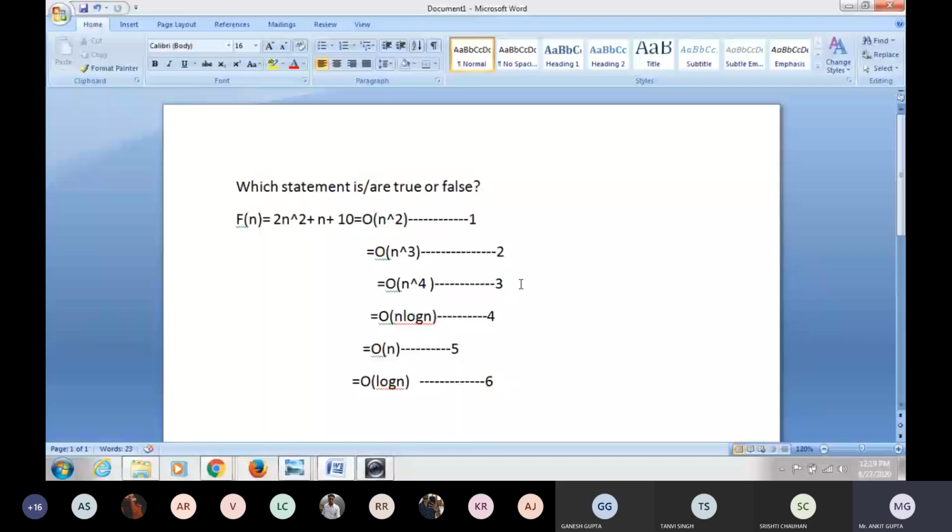Correct. Fourth statement: n square less than or equal to n log n, is it true or false?